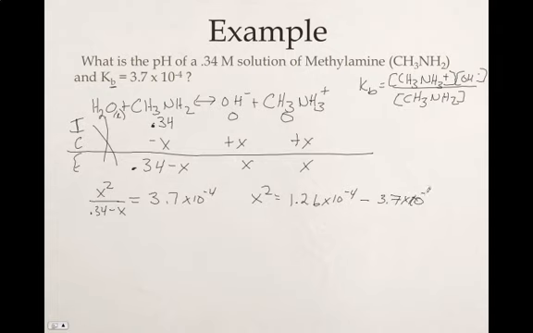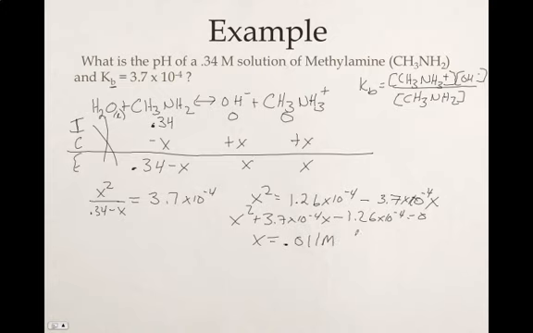Set it equal to 0, and I get x squared plus 3.7 times 10 to the negative fourth x minus 1.26 times 10 to the negative fourth equals 0. And after I plug it into my quadratic, I get x equal to 0.011 molar. Now remember that our x here is our OH minus concentration.